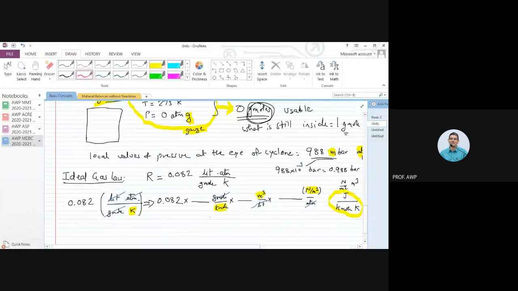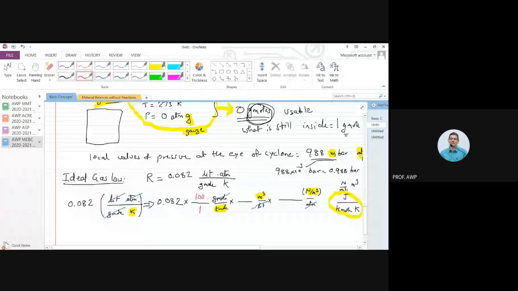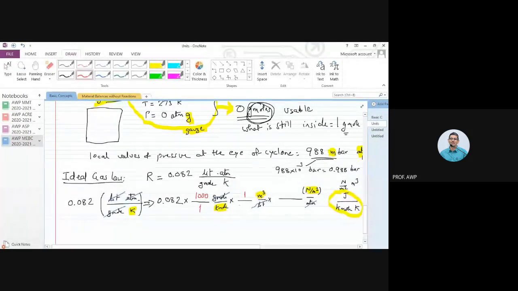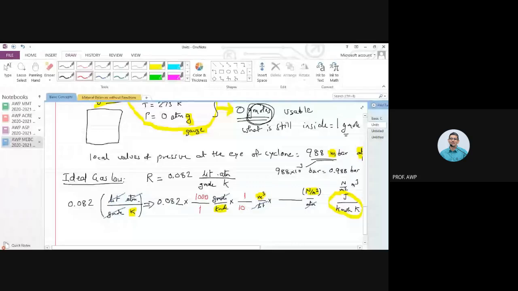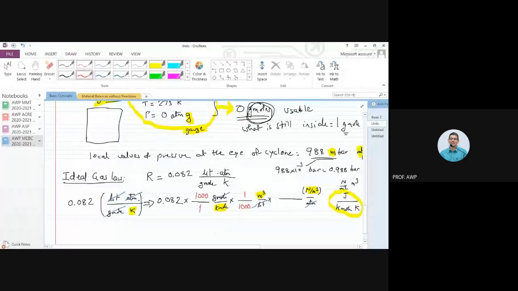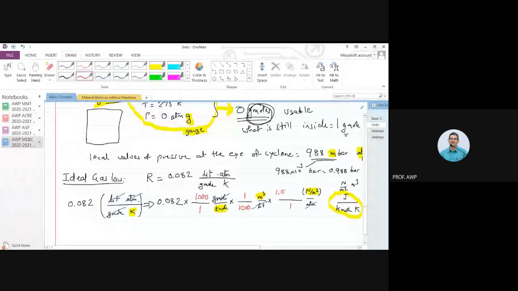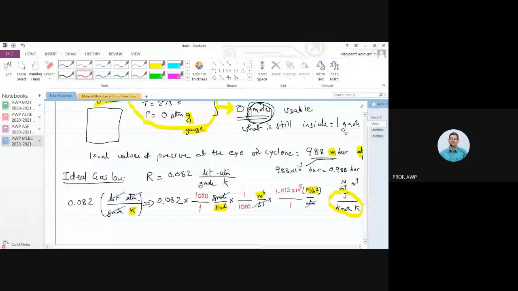So 1 kilomole is nothing but 1000 gram moles. 1 meter cube is nothing but 1000 liters. 1 atmosphere is nothing but 1.013 into 10 raised to 5 Newton per meter square.